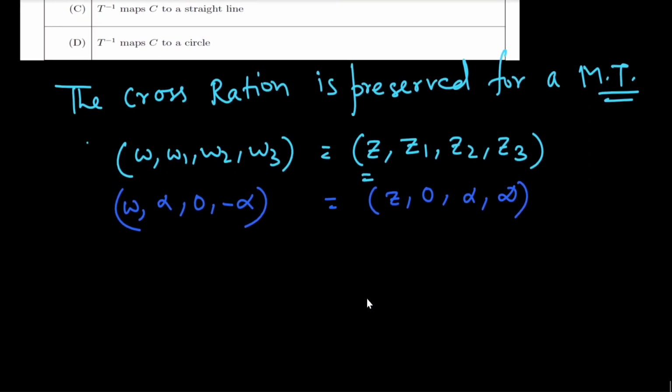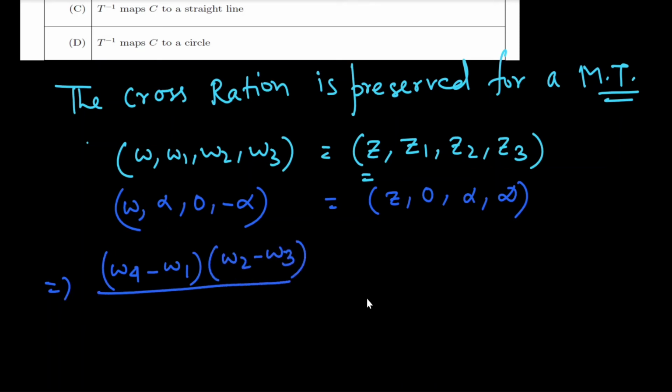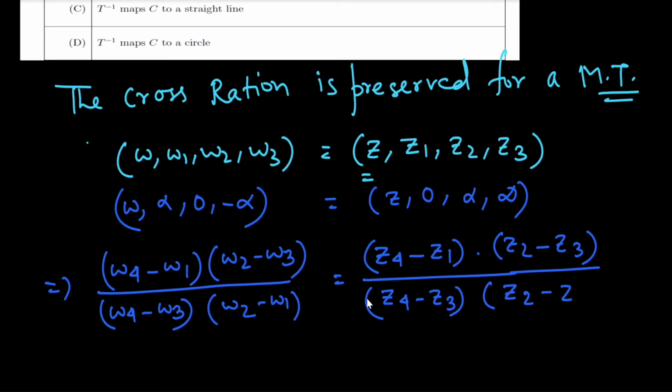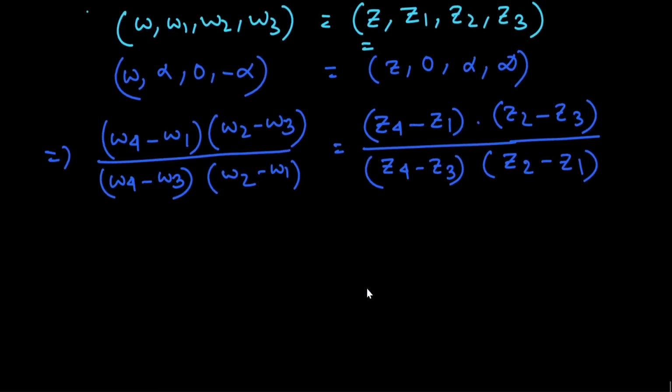Now the cross ratio is equal to (W4 minus W1)(W2 minus W3) by (W4 minus W3)(W2 minus W1). This is equal to (Z4 minus Z1)(Z2 minus Z3) by (Z4 minus Z3)(Z2 minus Z1). These two are equal. We put the values.